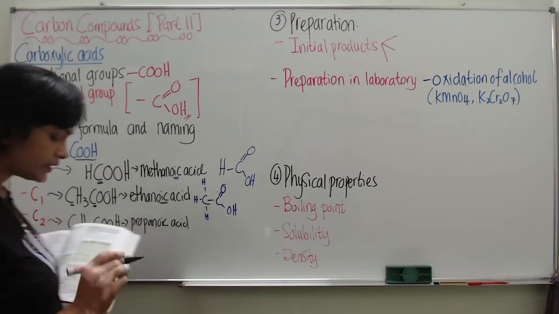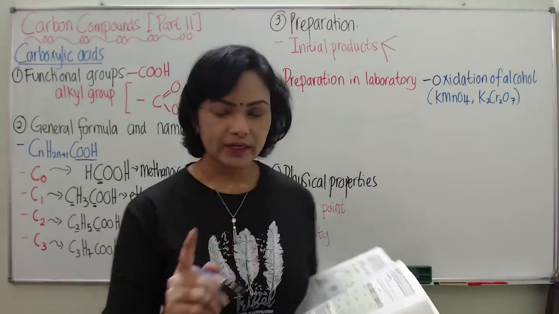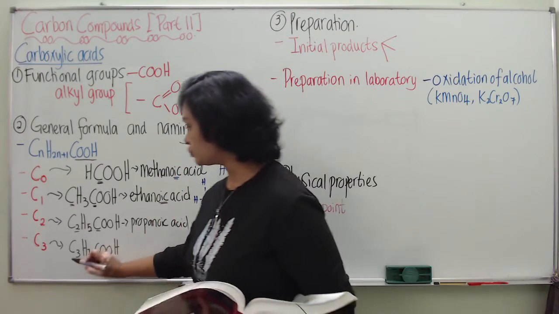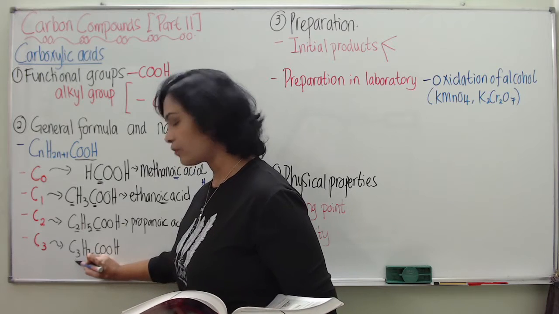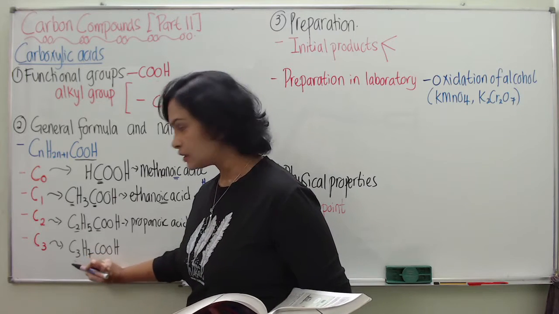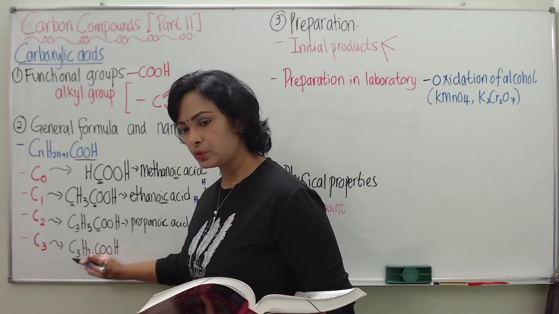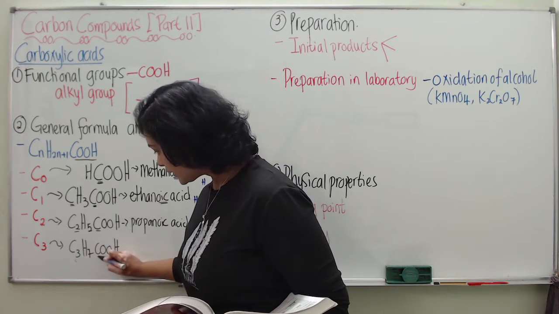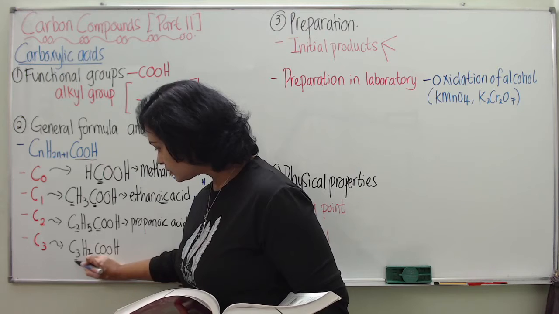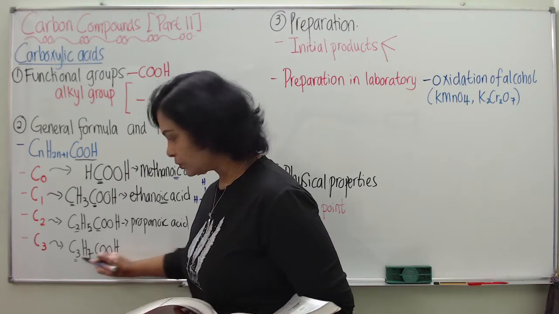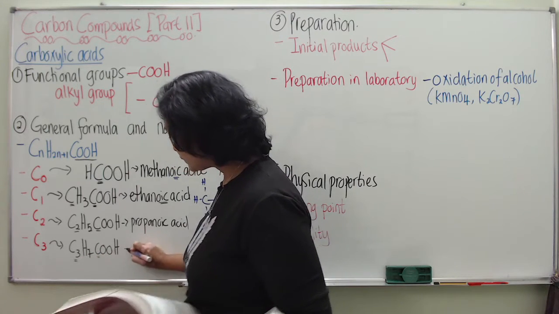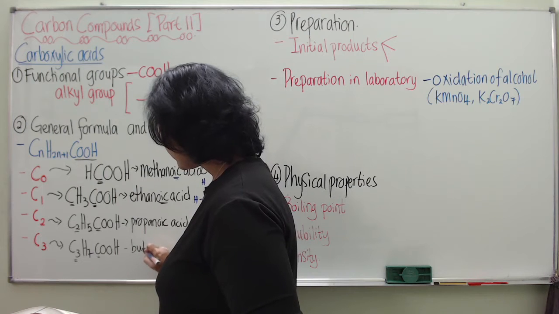Don't be confused with the amount of carbon that you see only at the front of the molecular formula. Students have to take into consideration the other carbon which is at the functional group. So 3 plus 1 will be butanoic acid.